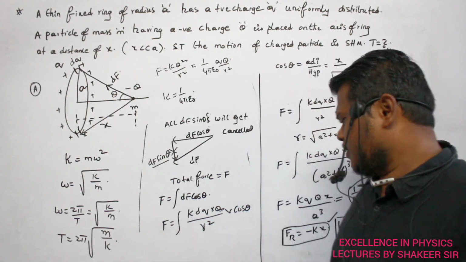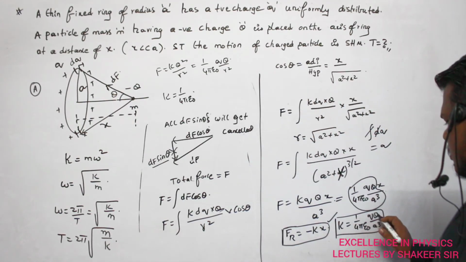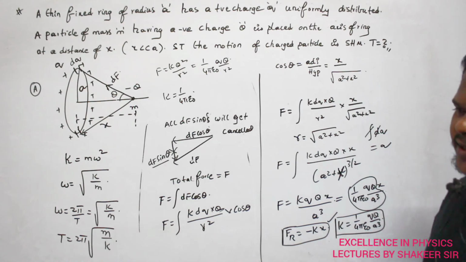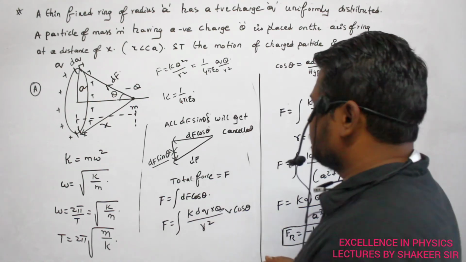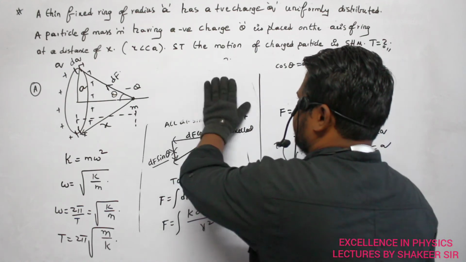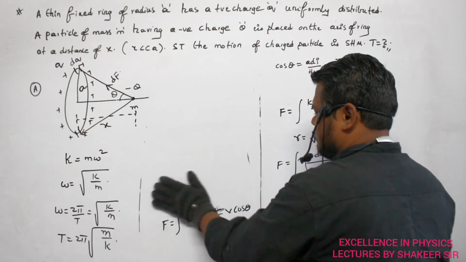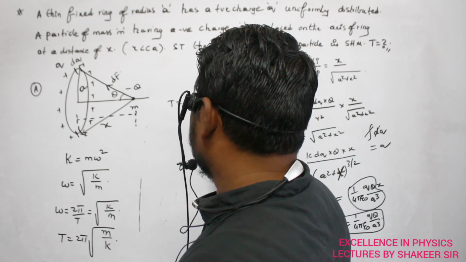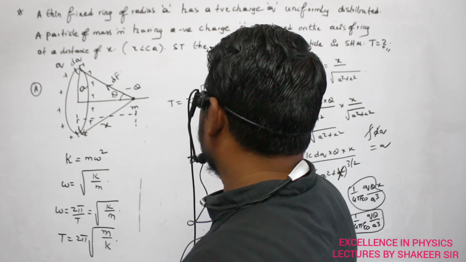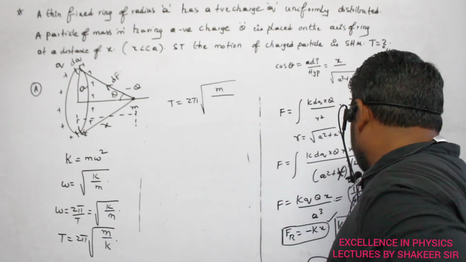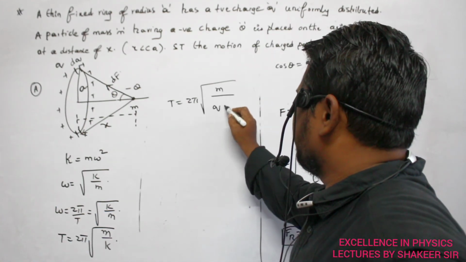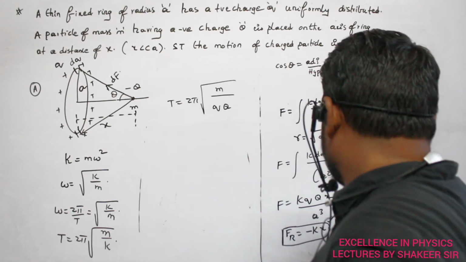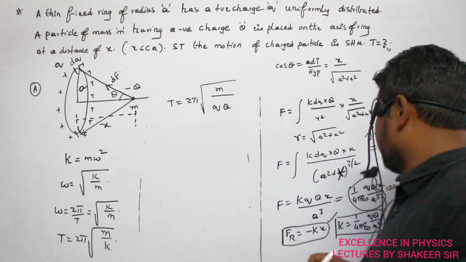The k value we have already calculated. What is the k value? Q Q divided by 4 pi epsilon naught into a cube. Substitute there. So if I substitute there, what is the result I will get? T is equal to 2 pi into square root of m divided by k, where k is q into Q divided by the total denominator, which goes to the numerator.